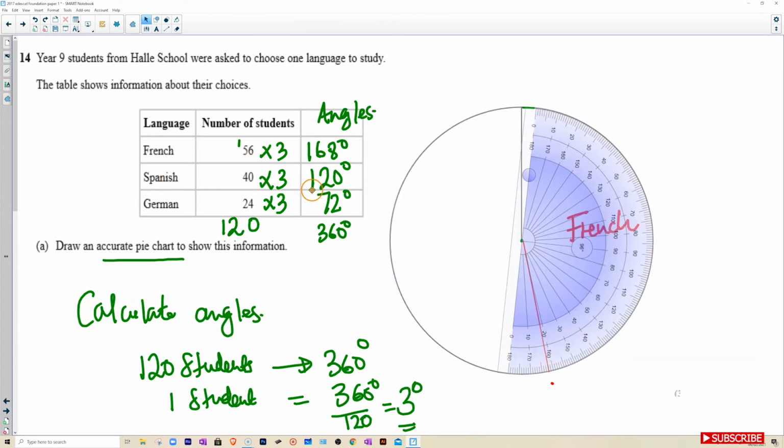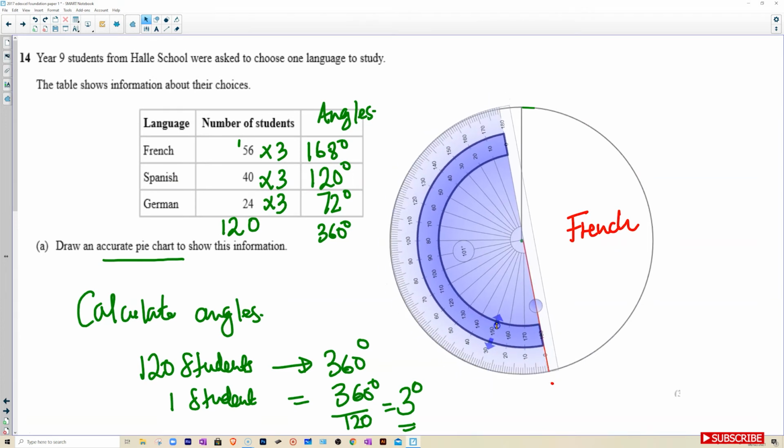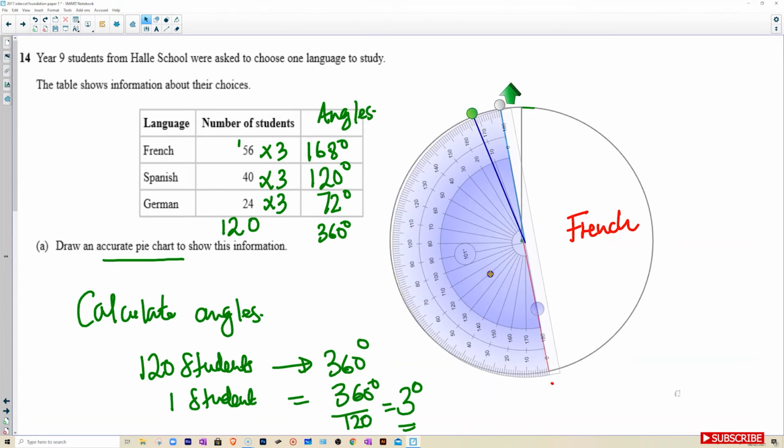My next subject is Spanish, which takes 120 degrees. So I'm going to rearrange this slightly. I need my protractor to line up here. So it is aligned. Once I'm happy with it, I can now measure the angle from this point this time. So my 0 is over here and I need 120 degrees.